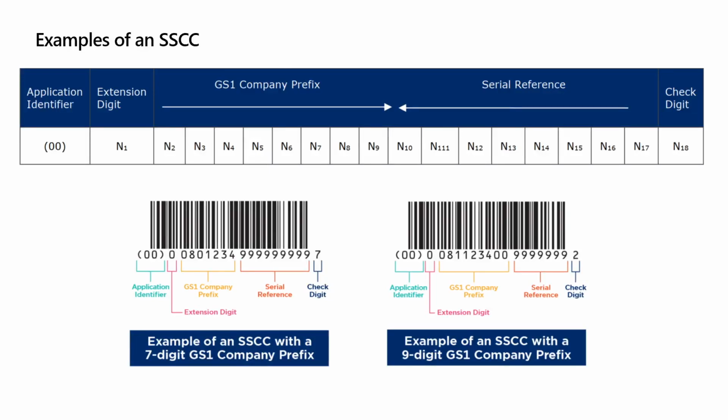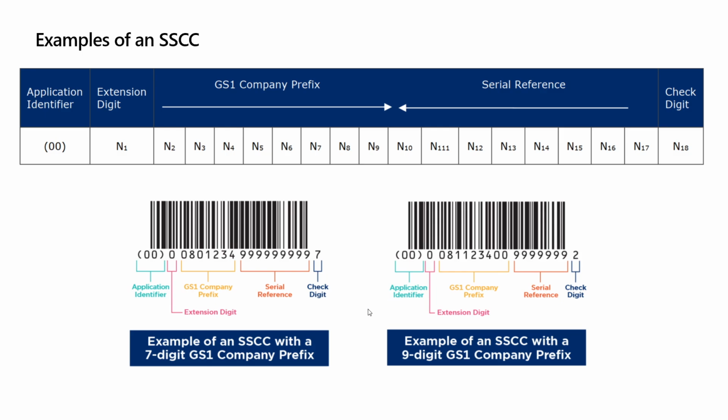This is an example of SSCC, and here we can see the combined length of the extension digit plus the GS1 company prefix, and the serial reference is always 17 digits. So it's 17 digits plus 1 digit for the check digit, so it's 18 digits. It's important to mention that the GS1 company prefix could be a range from 7 to 9 digits.